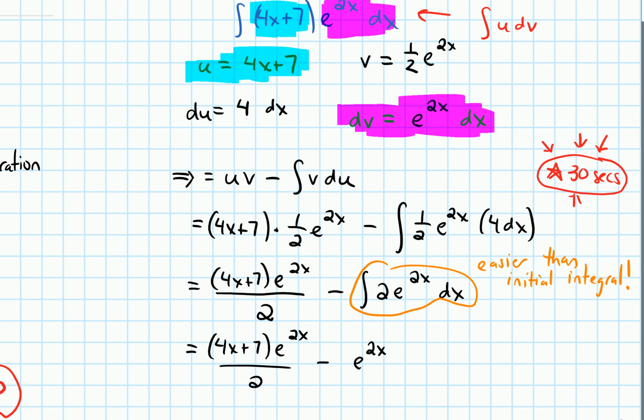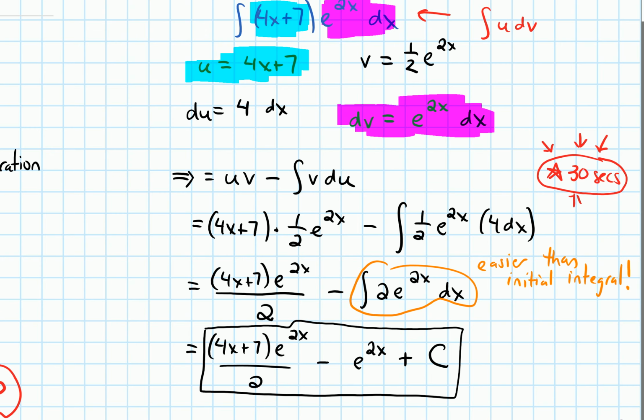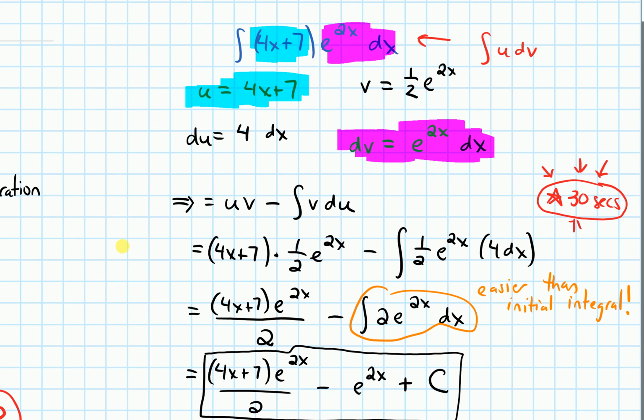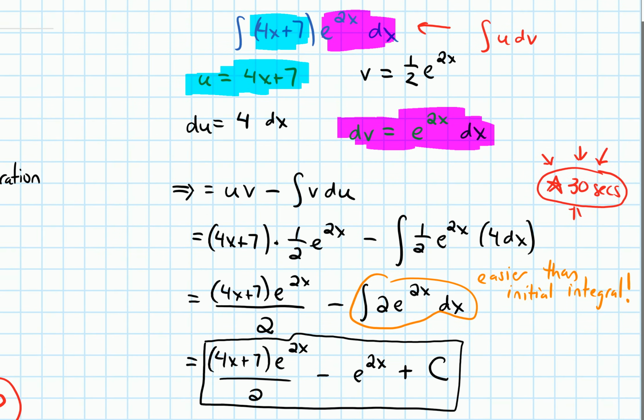And this is an indefinite integral, so I need to make sure I put a plus c. And that is our answer. So integration by parts is a little bit of an indirect way of evaluating an integral. It lets us rewrite an integral in another form that hopefully becomes easier for us to compute.